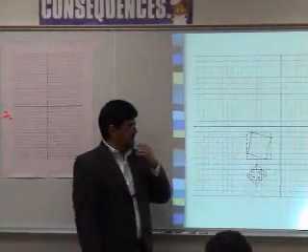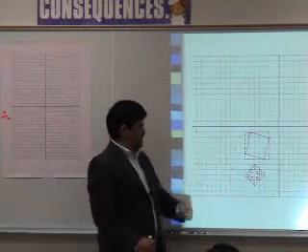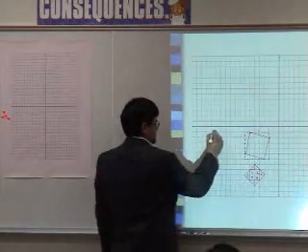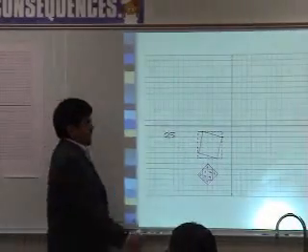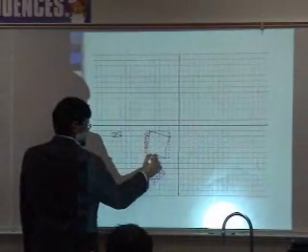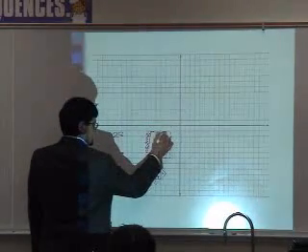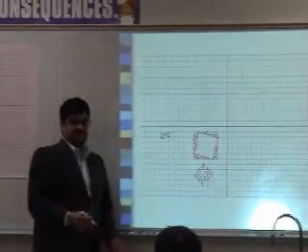Can you tell me the area of the large square? The area of this large square is 25. But I want to take away these pieces right here, these regions. I want to take them off.